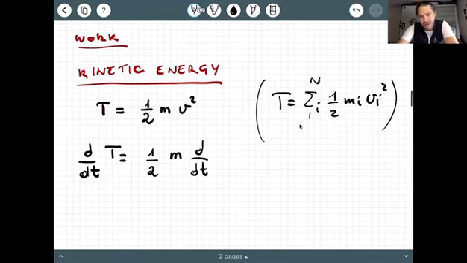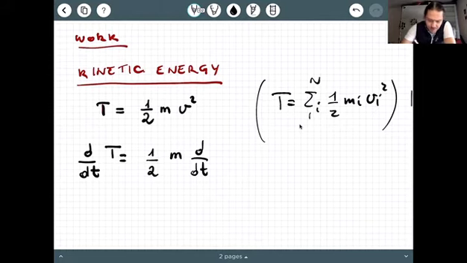Assuming that mass doesn't change with time, which is true in classical mechanics whenever the particles don't move at any speed close to the speed of light. When the particle becomes very fast and moves near the speed of light, then you have to use different laws, the laws of Einstein's relativity. We are not concerned about that because none of the particles involved in biological molecules move at those super high speeds. So let's imagine the mass is constant.